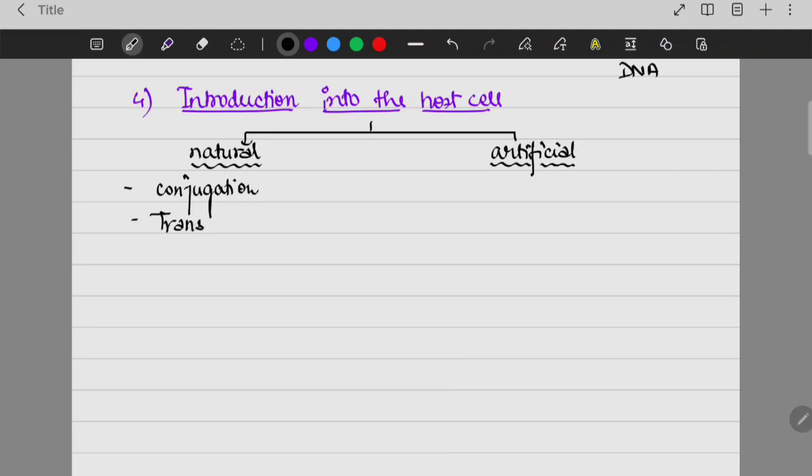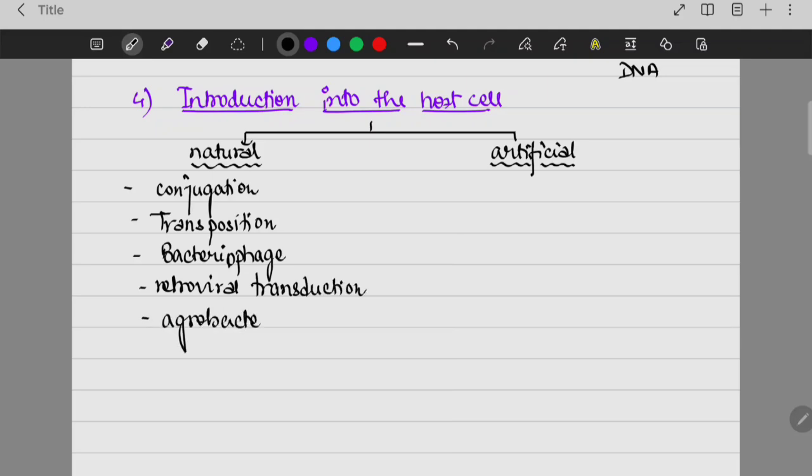transposition, bacteriophage action, retroviral transduction, and agrobacterium mediated transfer.